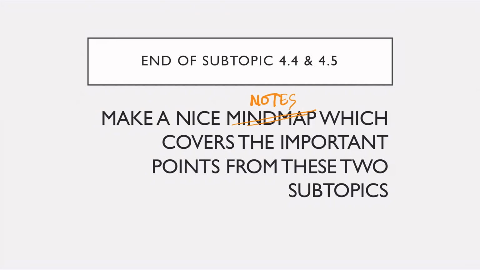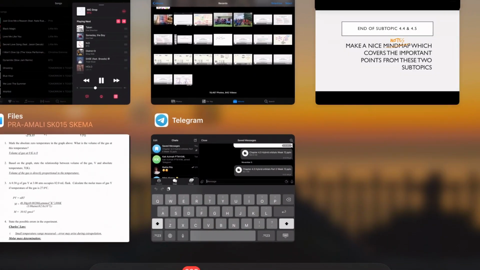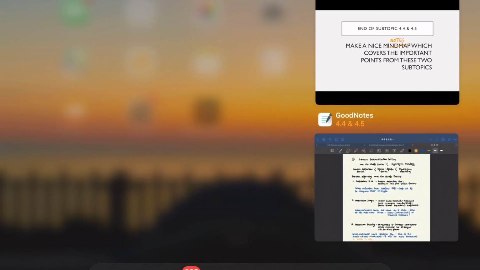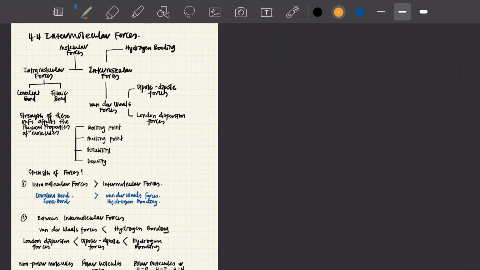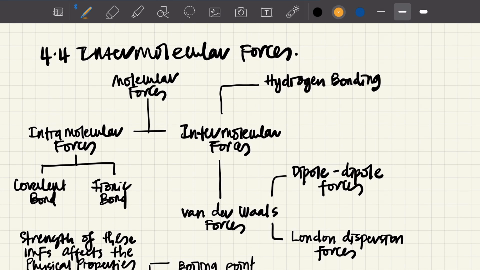Okay? Contoh nak tunjuk ke tak? Okay. What I did, ini saya buat nota sebelum saya jawab. Because of course lah kan, kalau tak nanti blur.